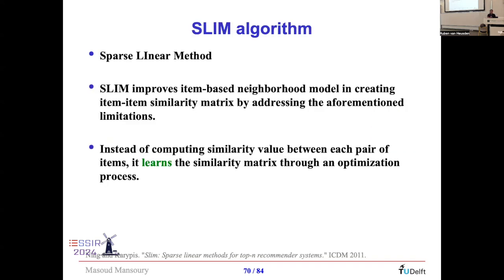So to address this issue, the sparse linear method is proposed. The idea in a sparse linear method, or SLIM, is that instead of computing the similarity value between each pair of the items, we can learn this similarity matrix.